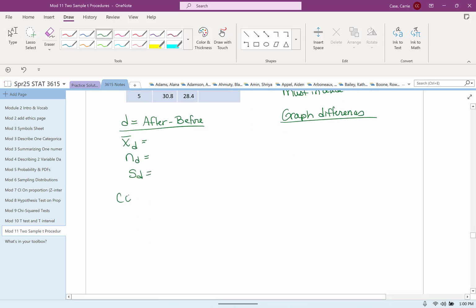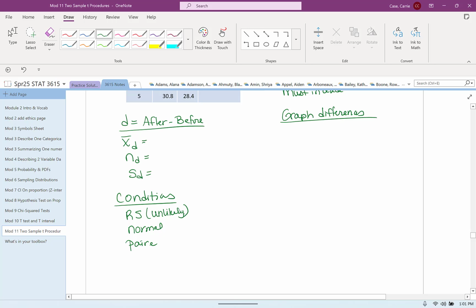And then my conditions that I'm going to want to meet are random sampling, normal, and then paired data. Well, random sampling, almost certainly not, because they're using people who've been exposed to trauma.